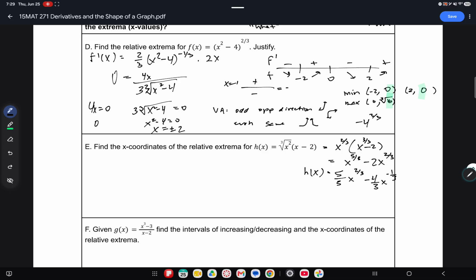All right, let's set that equal to 0 and solve. I'm going to move over here to do that. So I have 0 equals 5/3 x to the 2/3 minus 4/3, and I'm going to drop that to the bottom. So I'll add this over.